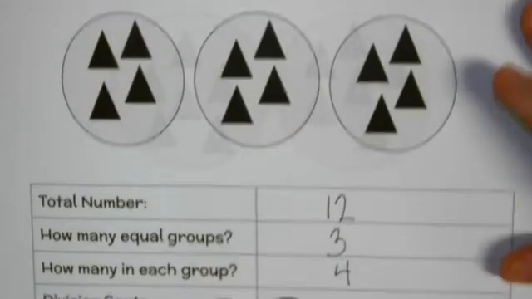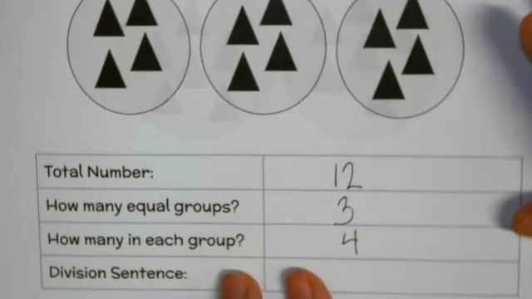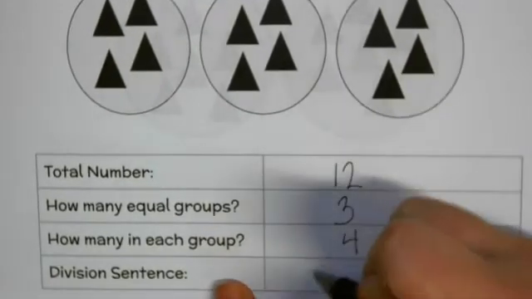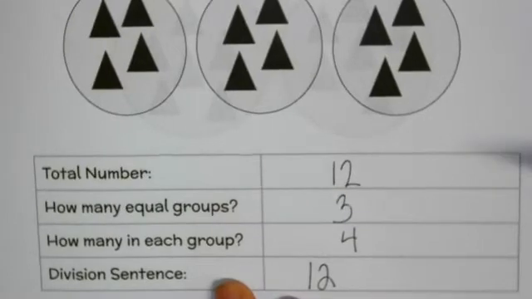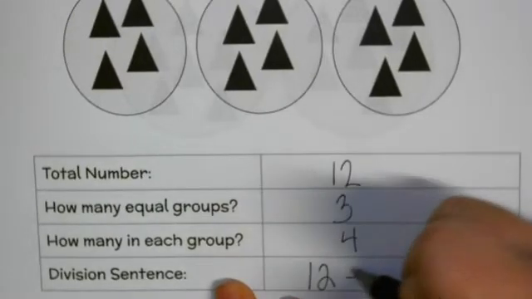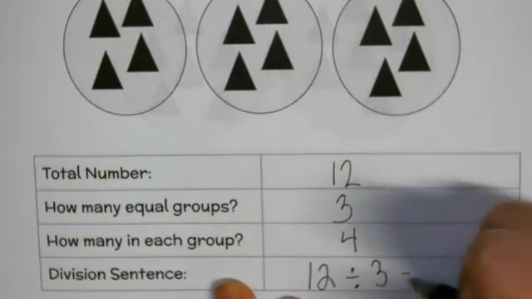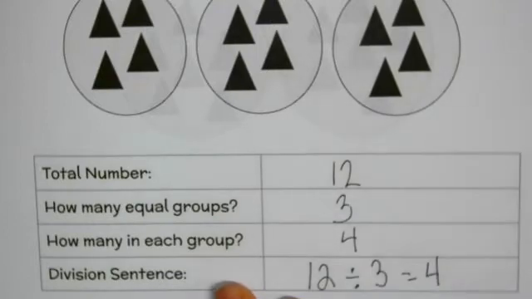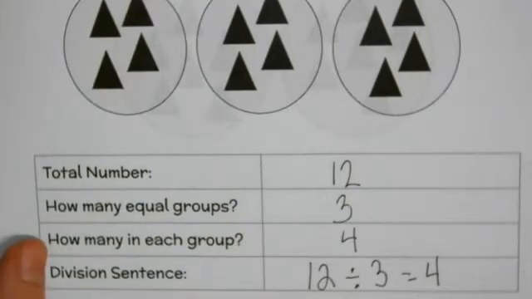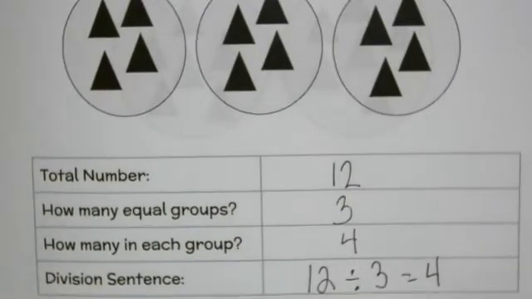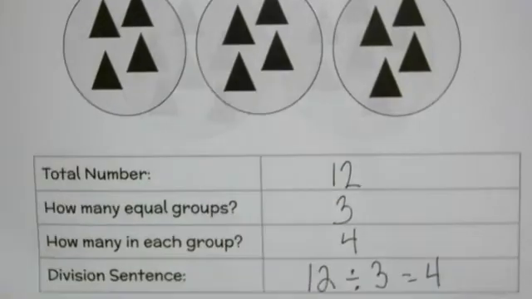So what would my division sentence be? If I have 12 triangles and I divide them into 3 equal groups, I'll get 4 in each group. So 12 divided by 3 equals 4. Hopefully you're getting the hang of it.